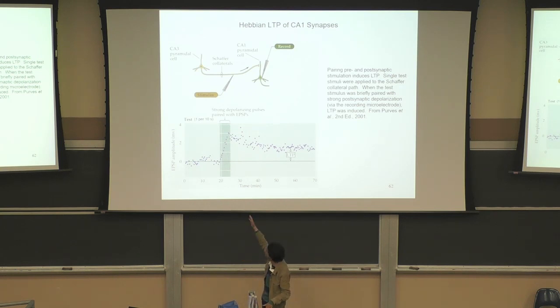So here, if you just pair the stimulation of the pre and postsynaptic sites a few times, then the cell learns that this is an input that predicts my output, so it increases the strength of that input. So this is the specific Hebbian LTP protocol. And as you see, it's theoretically related to the concept from that diagram that Hebb drew, which is that when cells fire together, they increase their synaptic efficacy.